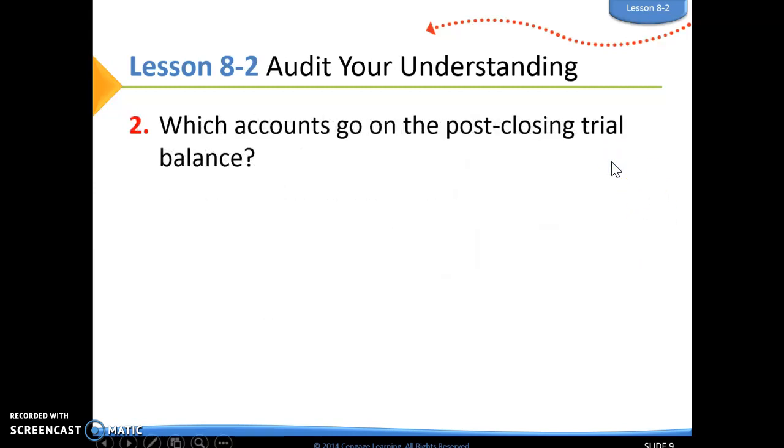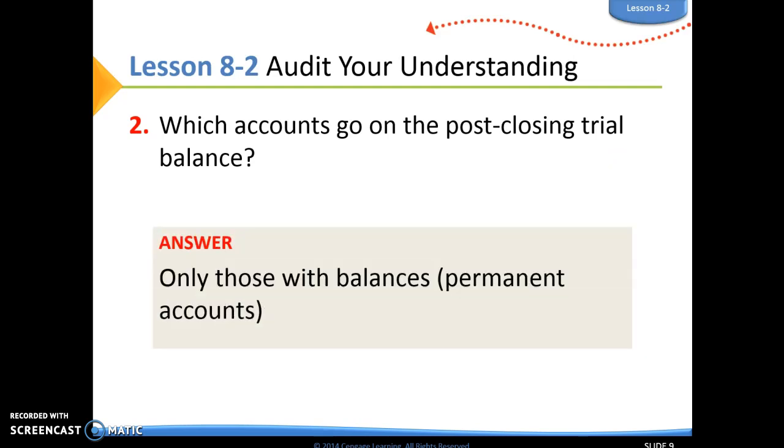Number 2, which accounts go on the post-closing trial balance? This is going to be any account in our general ledger that has a balance. So that ends up being our permanent accounts. Those accounts that have been closed are temporary accounts.